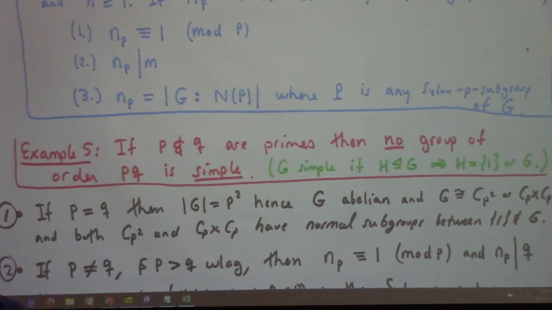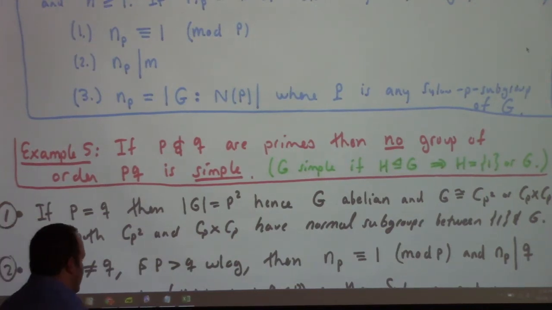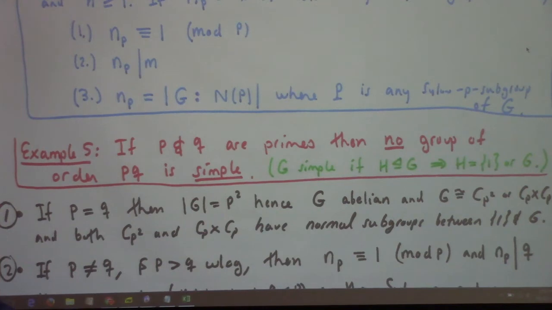If a group is not simple, that means there exists an H between 1 and G. And if that's a normal H, you can form G mod H, and that's an interesting factor group, which contains partial information about the group, but on the other hand squashes other things out to 0. This is the theme of the last few sections in the book we've looked at: by looking at factor groups, you can gain information about the group indirectly.